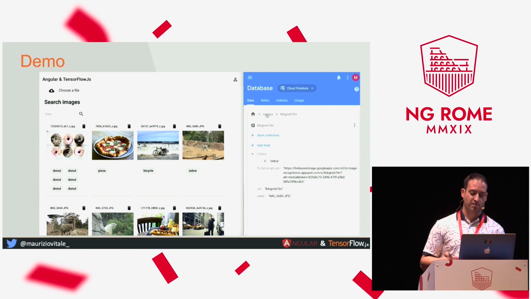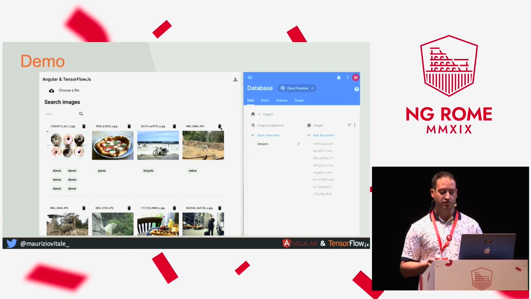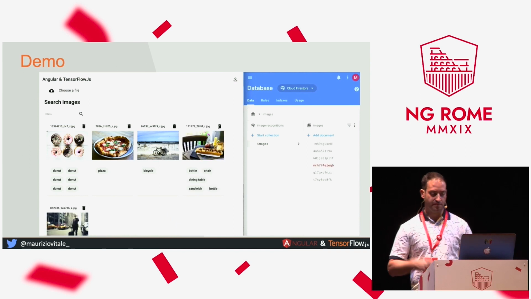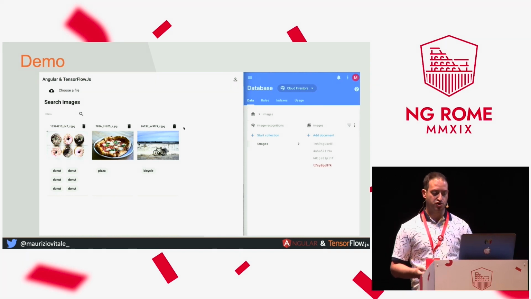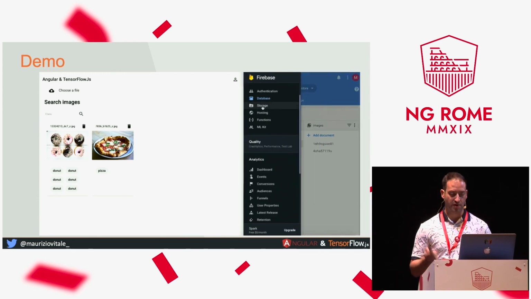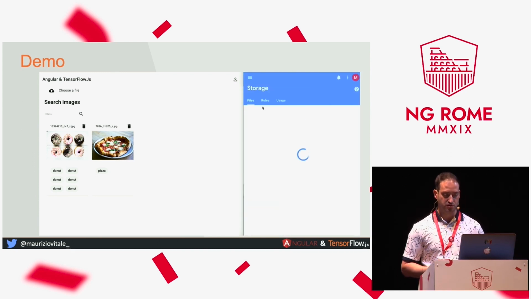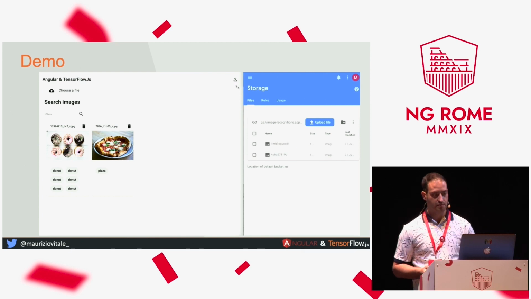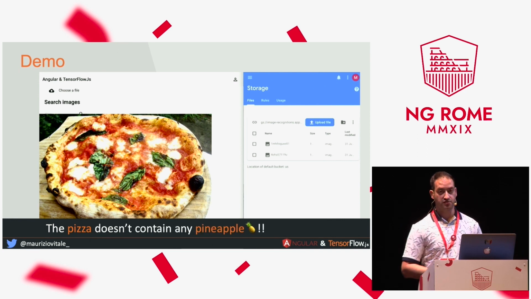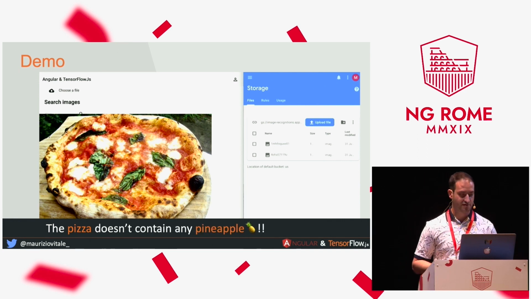And as final step, you could have even a delete button that will allow you to delete the item from both the database and the storage. As you can see, only two documents are left, and the same for the storage. And just to let you know, the pizza doesn't contain any pineapple.